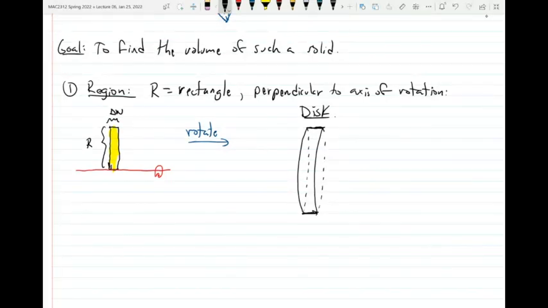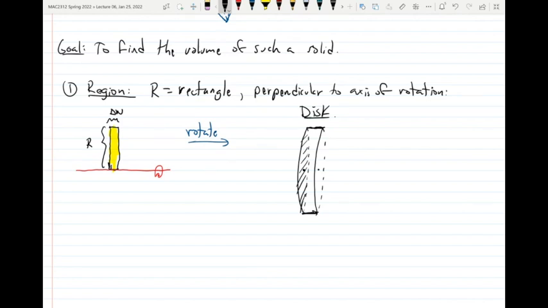Okay, so we have this sort of shape, and then here is the center of the disk. So hopefully, do you agree with this? So again, here you have your rectangle, okay, and then when you rotate that rectangle, then a disk is created.